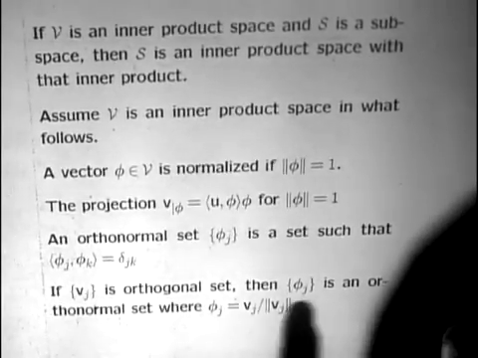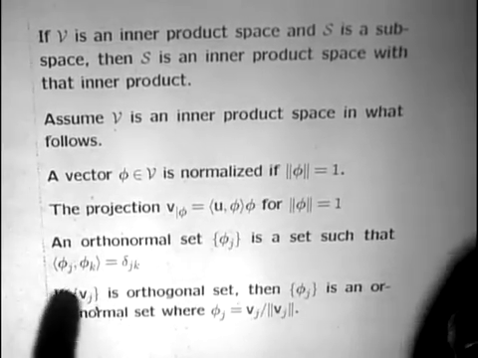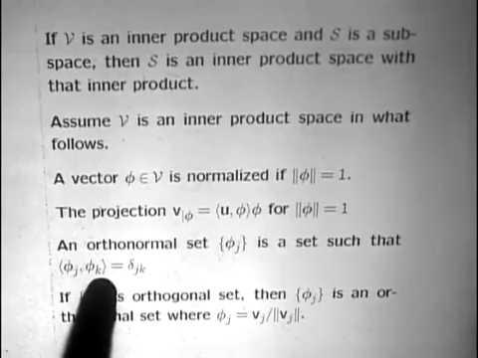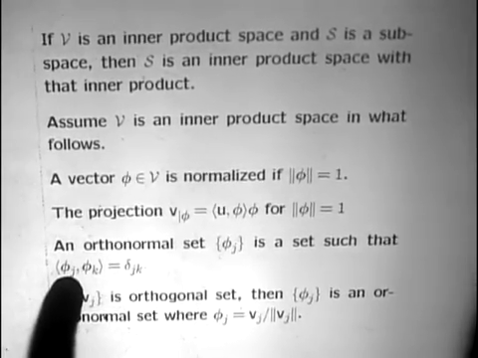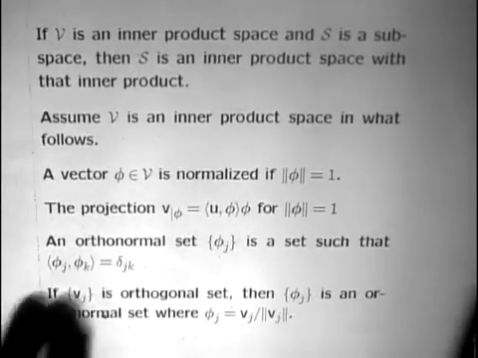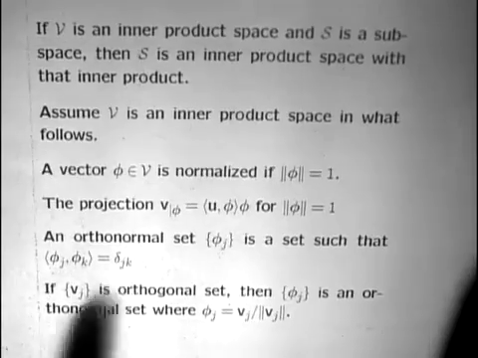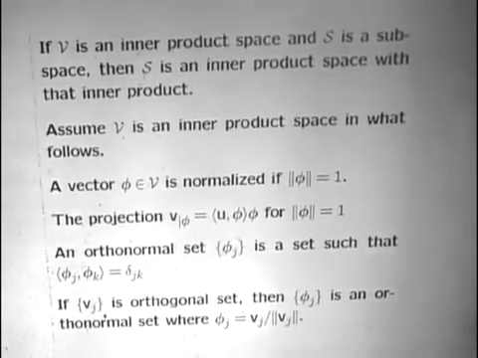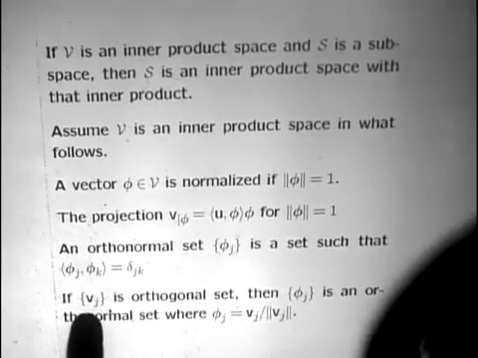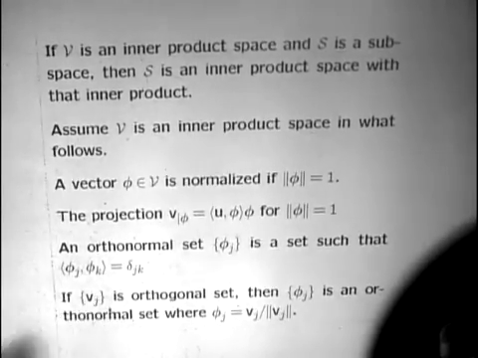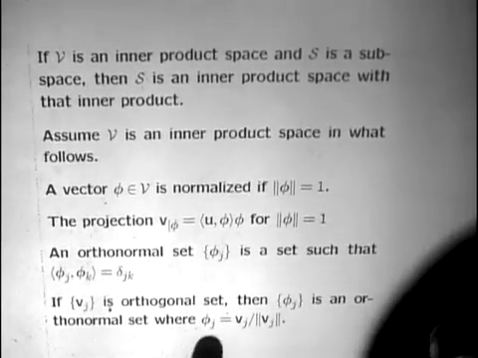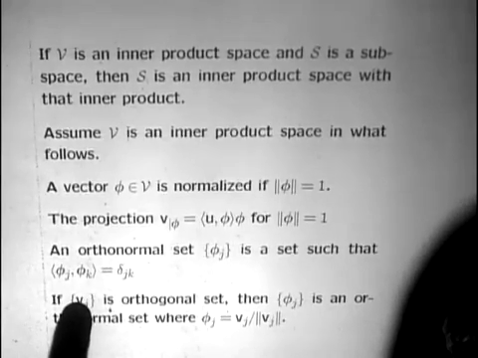So an orthonormal set of vectors is a set such that each pair of vectors is orthogonal to each other, and where each vector is normalized. In other words, it has norm squared equal to 1. So the inner product of these vectors is just delta sub jk. If I have an orthogonal set, v sub j, then phi sub j is an orthonormal set just by taking each of these vectors and normalizing them.